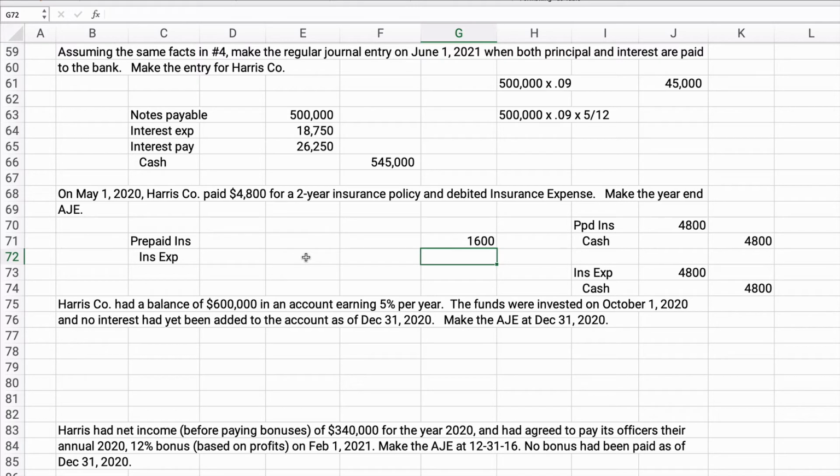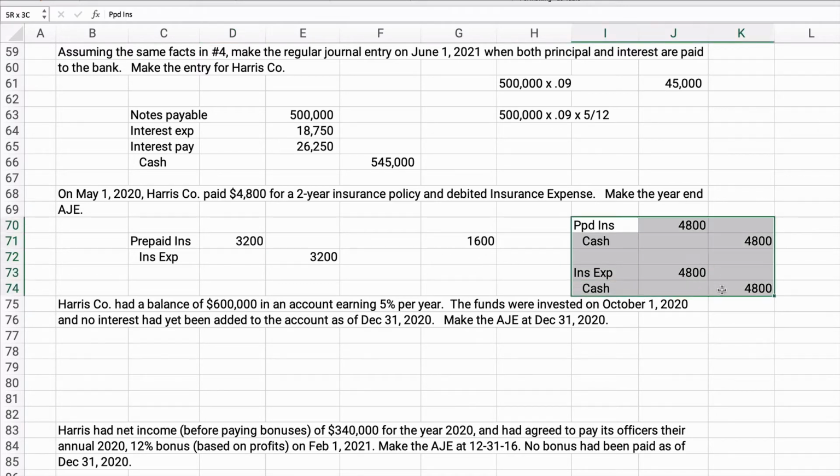So we need to back into it and figure out the amount: $4,800 minus $1,600. So it's apparently $3,200, and we're going to put in the asset $3,200. Now, this is a little bit tricky because if we made the entry to prepaid insurance, that's the asset, and then we use it up. So what happened to the $4,800?